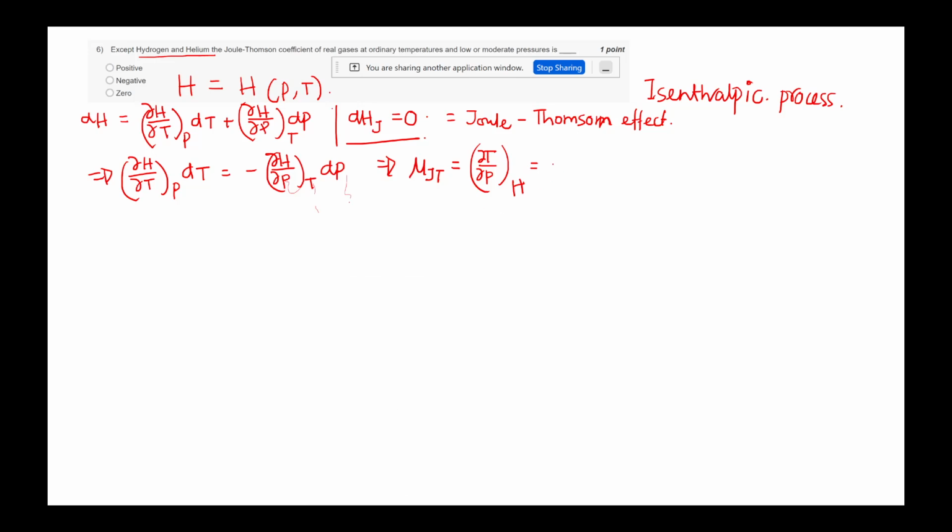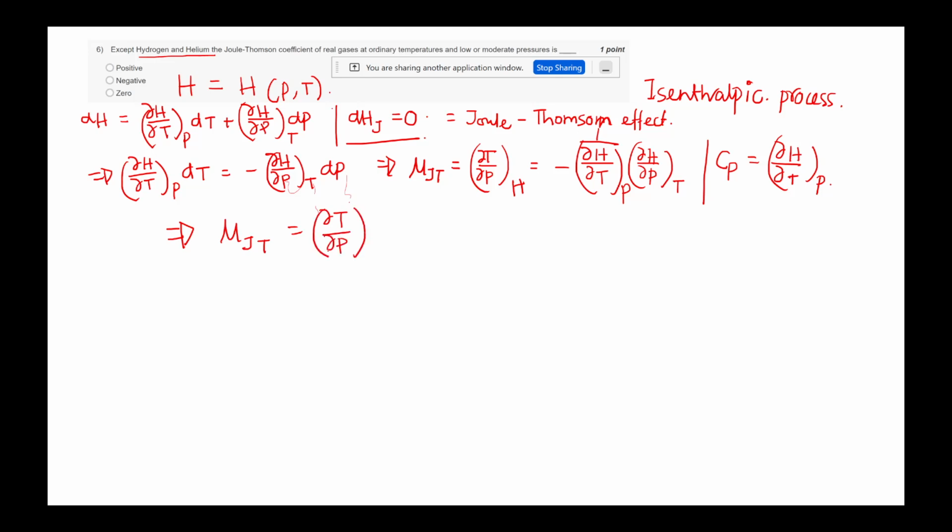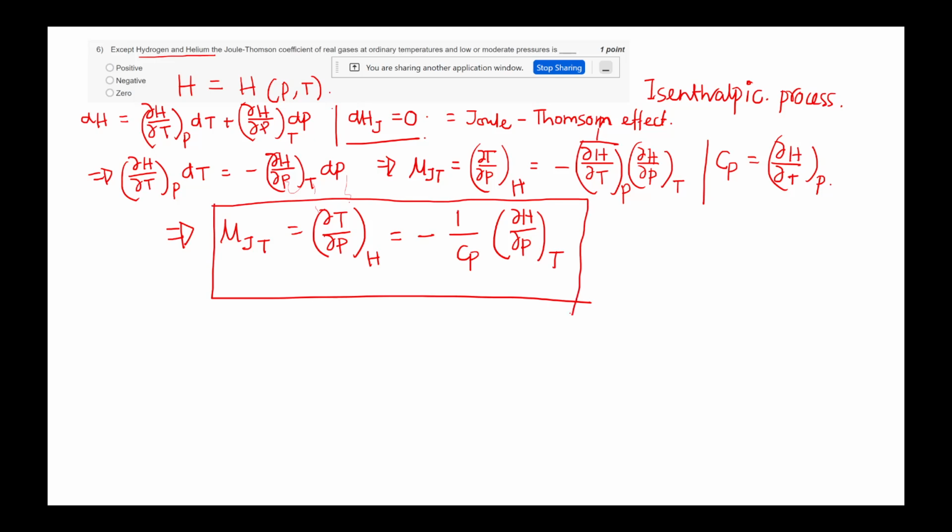So now we can write minus 1 by del H del T at constant P, times del H del P at constant T. Now we all know that Cp is del H del T at constant P. So we can write that mu JT is equal to del T del P at constant H, which is equal to minus 1 by Cp times del H del P at constant T. This is something we should know. I just derived it for you.